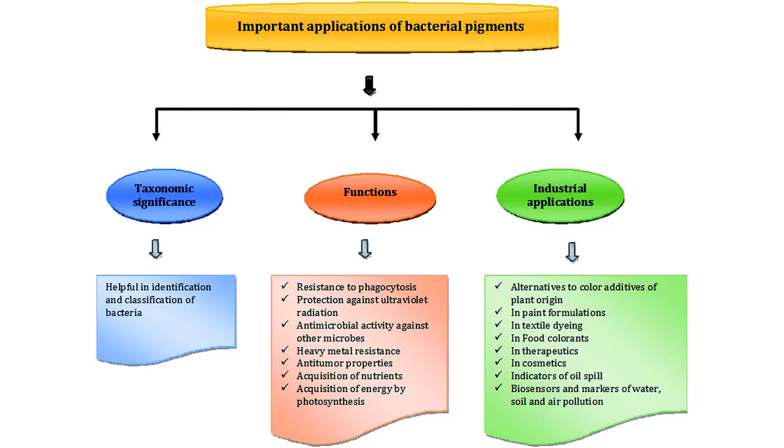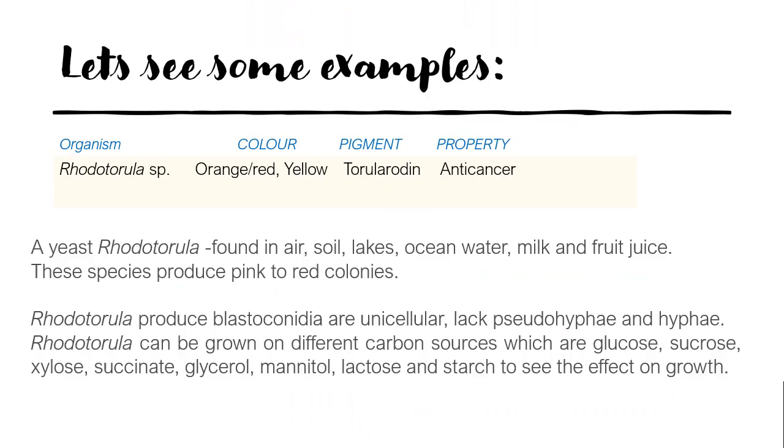For example, the genus Xanthomonas is known to produce a pigment which helps in identification. Next are functions. Pigments provide resistance to phagocytosis, protection against ultraviolet radiation, antimicrobial activities, heavy metal resistance, anti-tumor properties, etc. They also have industrial applications in paint formulations, food industries, textile, therapeutics, cosmetics, etc. We will start with examples now.